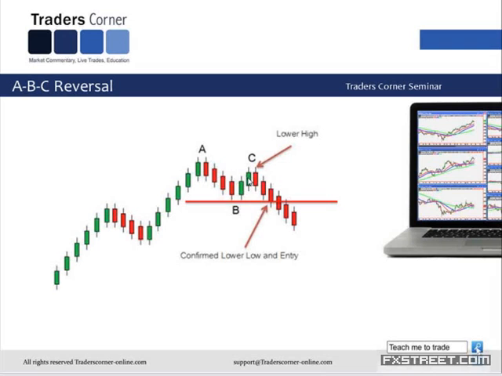With the market only moving up to C, what the market's actually telling us is that there aren't as many buyers involved in this move as there were over there. It doesn't necessarily mean that there are more sellers involved, but it does mean that the ratios have skewed slightly. With the previous move over here, there were way more buyers than sellers.